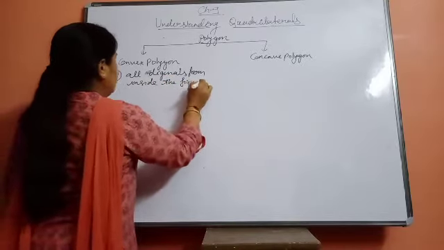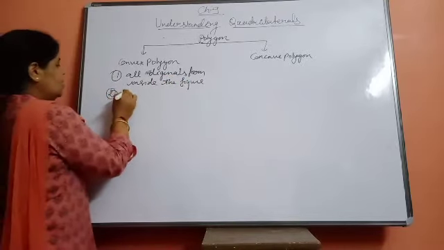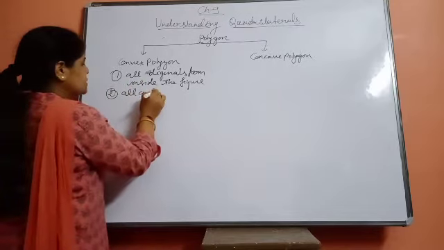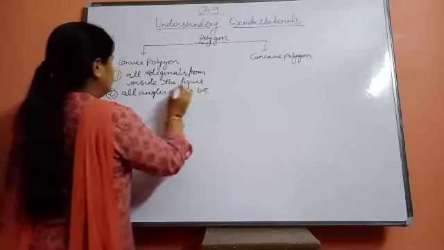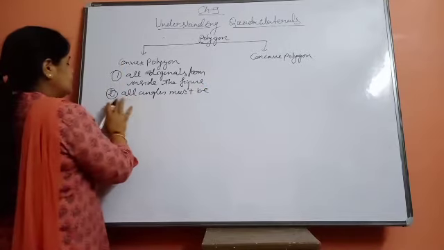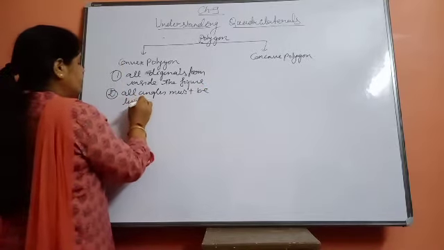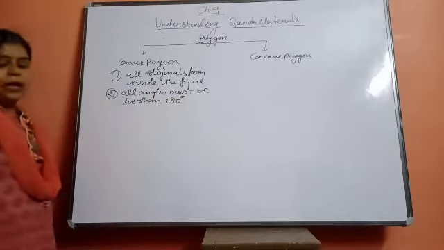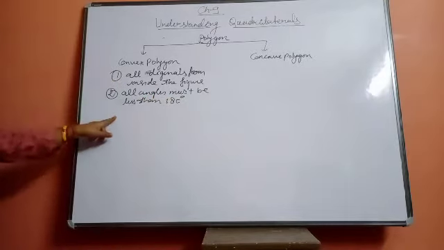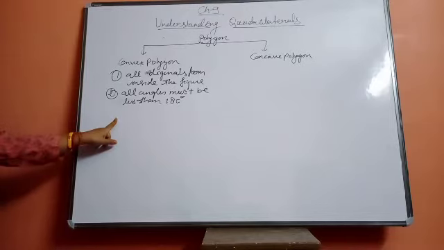Okay, and the second property is that all angles must be less than 180 degrees. Okay, these kinds of polygons are known as convex polygons.